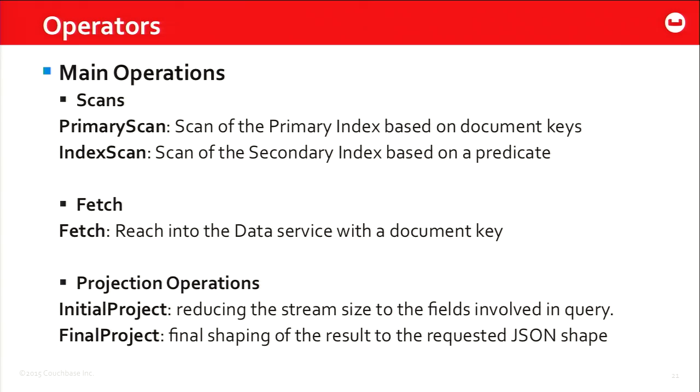Let's take a look at a couple of the important operators. These are not going to be super surprising either, hopefully. Scans. These are fundamental ways in which we do the operations when it comes to reading. And the primary scan essentially means we're going to the primary index. The primary index, again, is the index that has all the document keys in a bucket.